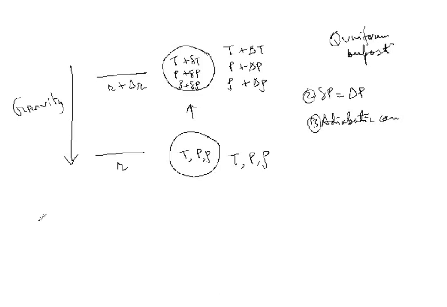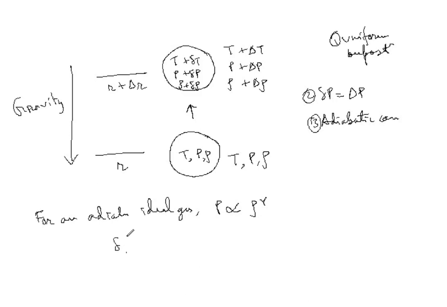Now for an adiabatic ideal gas, we have P proportional to rho to the power gamma.